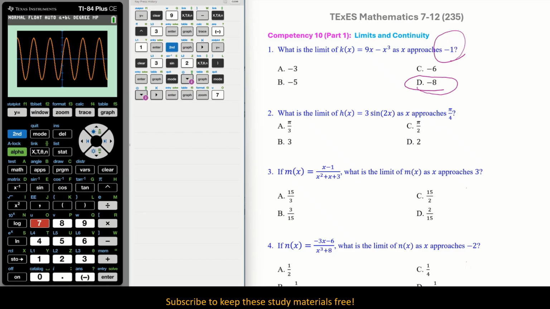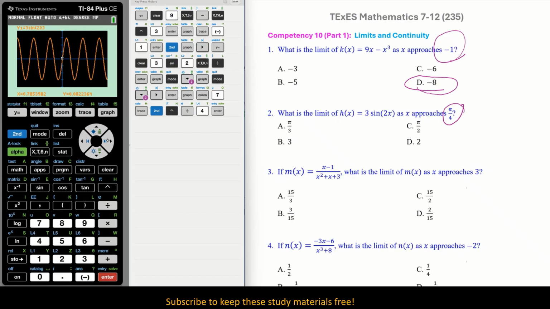So now what do we do? We say trace. And we need to actually put in pi over 4 like we did for the -1. Let's try it. Second caret up, divide by 4, enter. They're saying that's a little dicey. I don't agree with that.